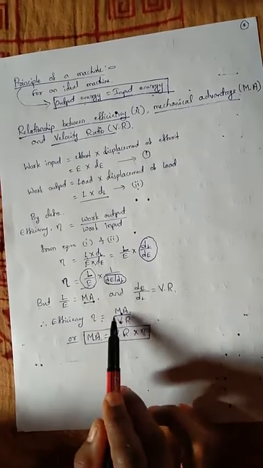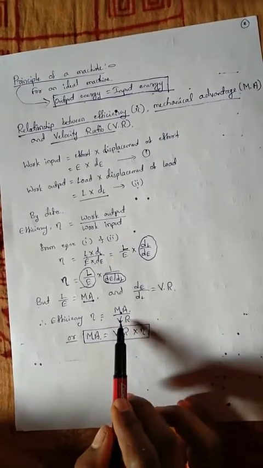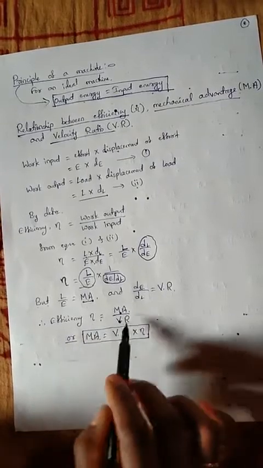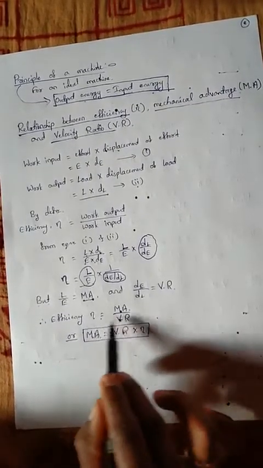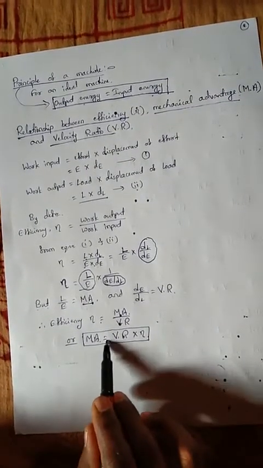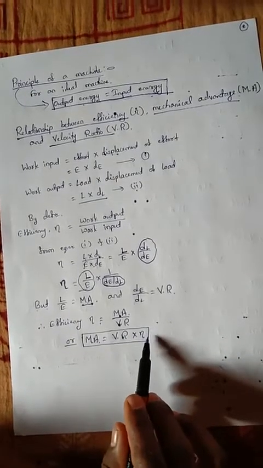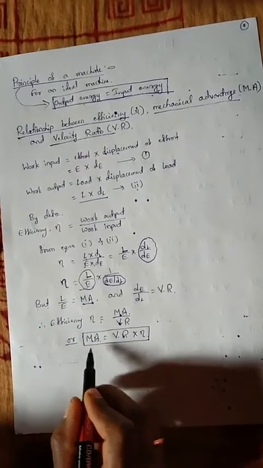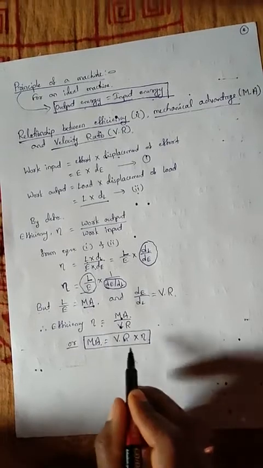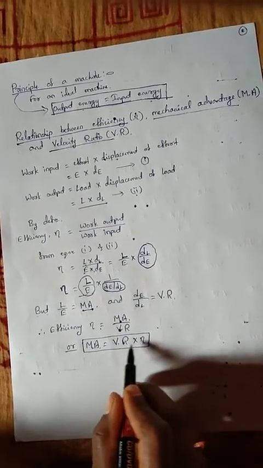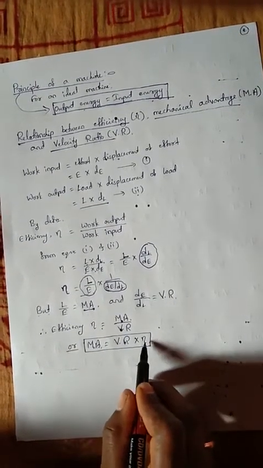That is a ratio of mechanical advantage to the velocity ratio. Or we can write this term as MA is equal to VR into eta. Or we can define the mechanical advantage as a product of velocity ratio and efficiency.